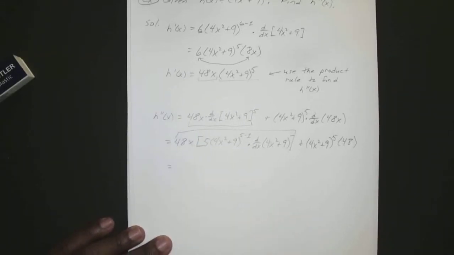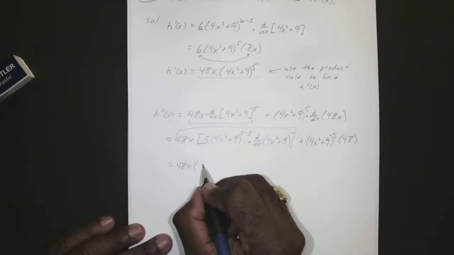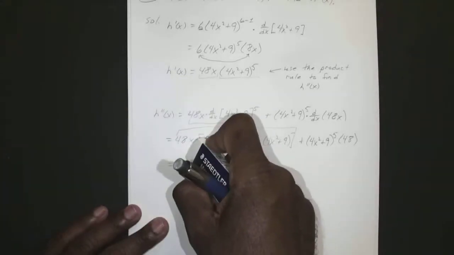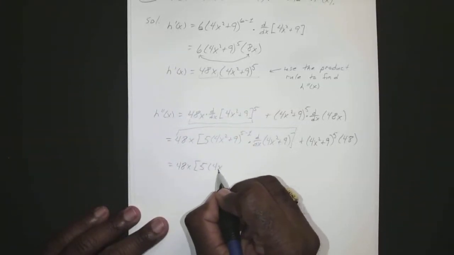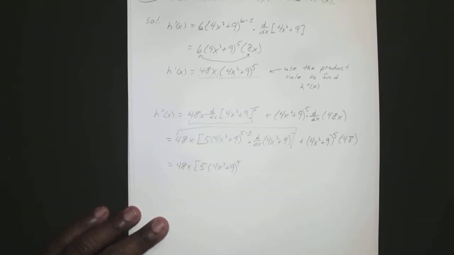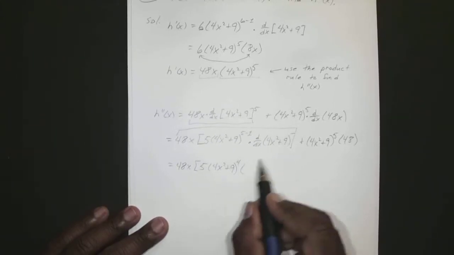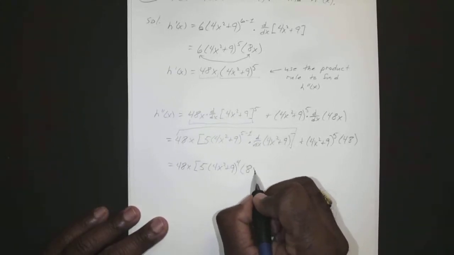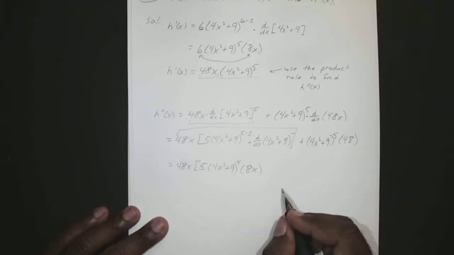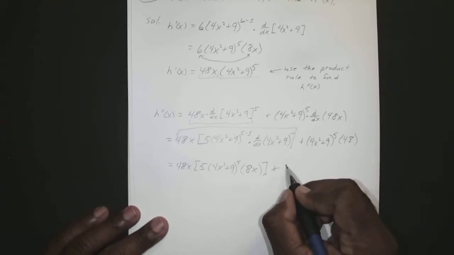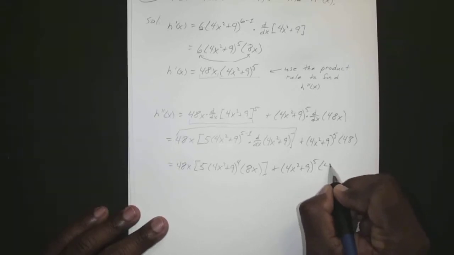So now if we go ahead and just simplify this, we have 48x times 5, well, might as well use the brackets so we won't have a bunch of parentheses laying around. 5 times 4x squared plus 9 to the 4th times the derivative of 4x squared plus 9, bring that 2 down, that becomes 8x. Derivative of 9 is a constant, so that's 0. Plus 4x squared plus 9 to the 5th times 48.